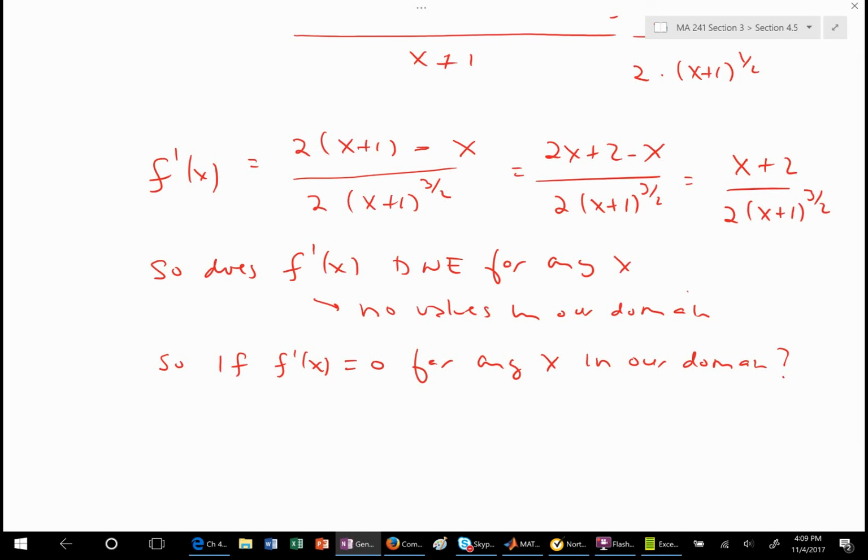That lies outside of our domain. Okay, so the answer is no, because f prime of x equals 0 only if x is equal to minus 2, and this value is not in our domain.